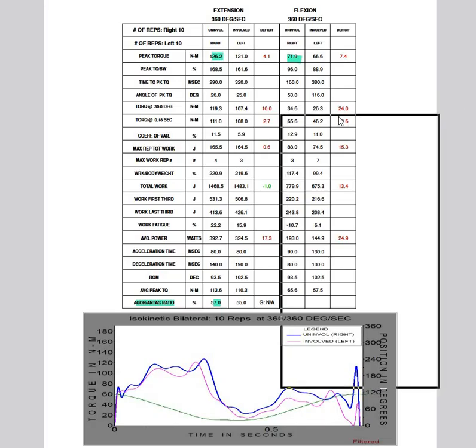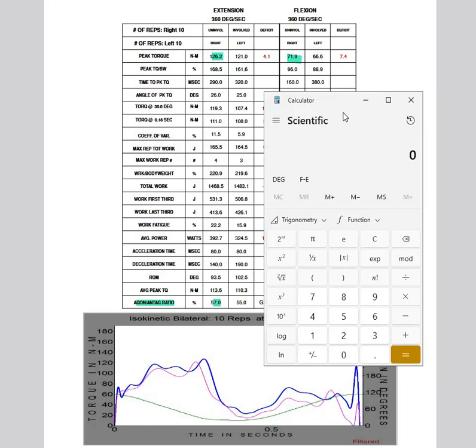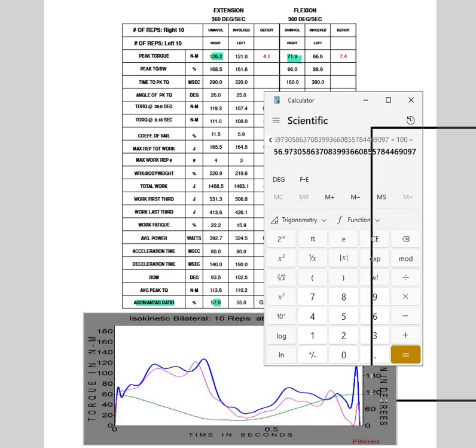And just to prove to you that I'm not making this up, why would I? 71.9 divided by 126.2 gives us 0.5697. That would be a ratio, but again, Biodex like to confuse things by explaining the measurement as a ratio and reporting it as a percentage, and we get a percentage of the HQ ratio reported as 56.973, which they've just rounded up to 57, which is absolutely fair enough to do.